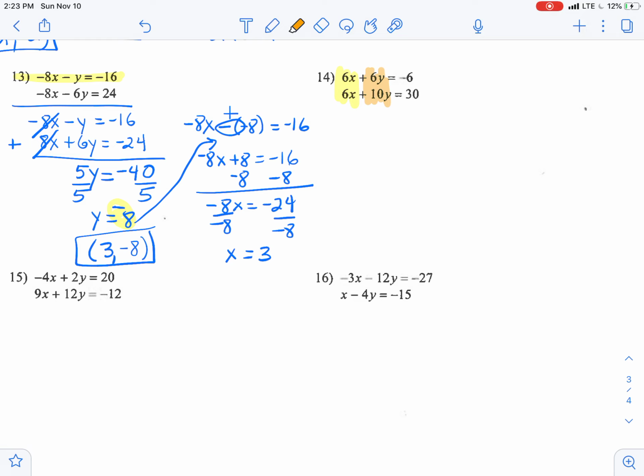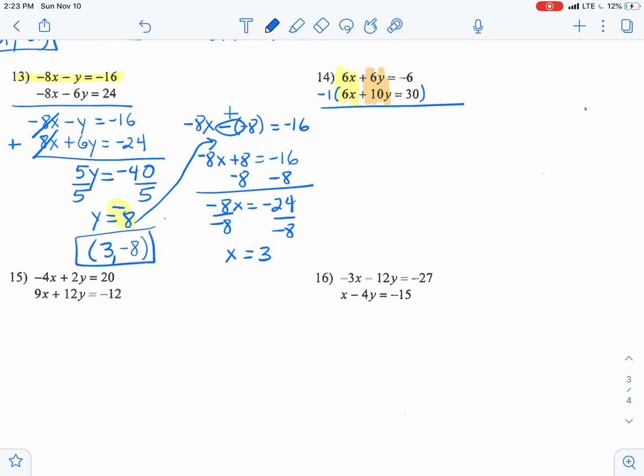Hopefully your answer is no. Then you say, do I have any coefficients? Coefficients are the front numbers that are the same that I could just multiply by a negative. And the answer there is yes, because these two are the same. So if I multiply my bottom one by a negative, I would have one positive and one negative.